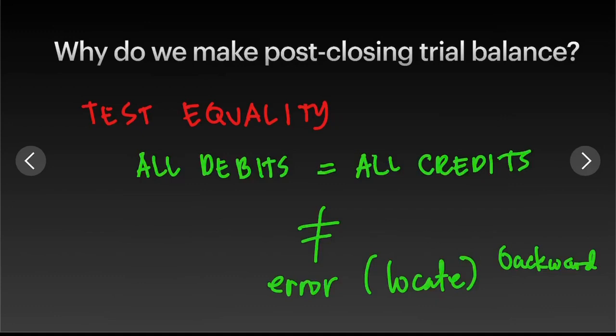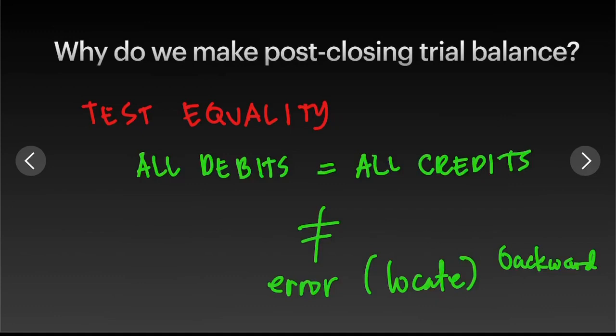So, if post-closing trial balance is what we are discussing, let us assume that the debit is not equal to credit, so you follow the steps in locating errors, and when we say backward, you might consider first, of course, checking the accuracy of the computation, checking the totals, checking the addition and everything.